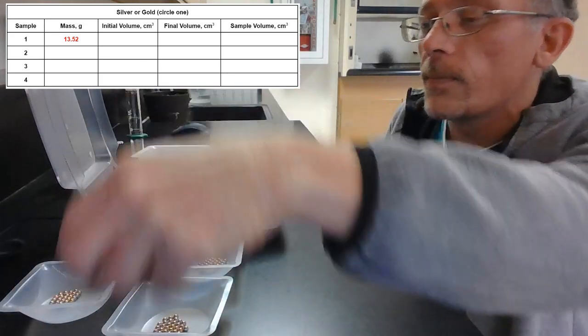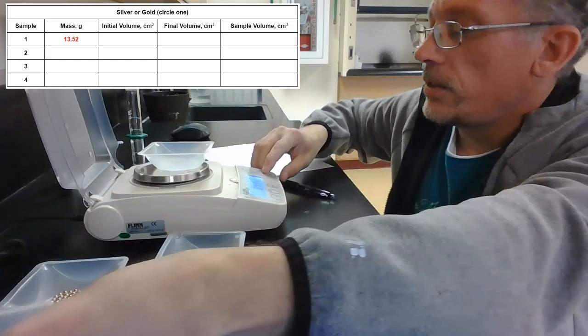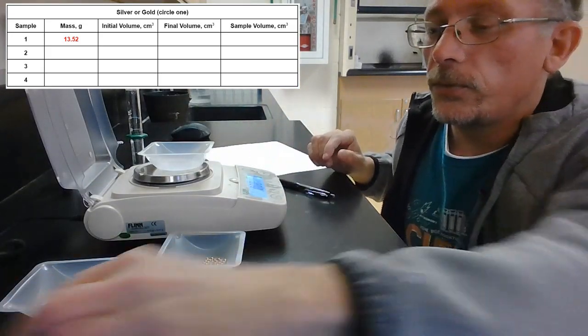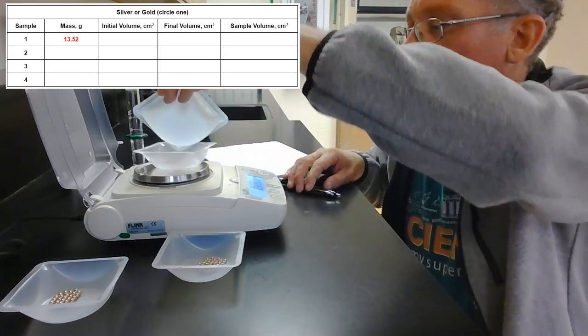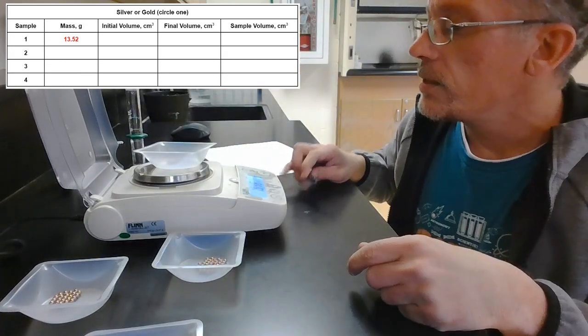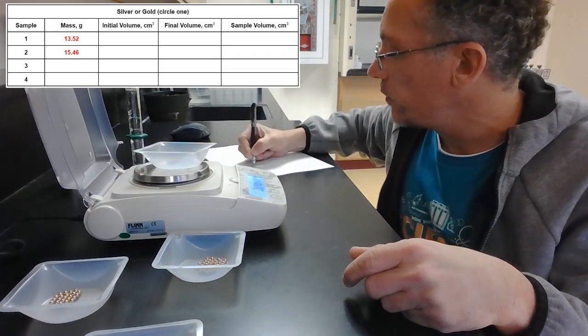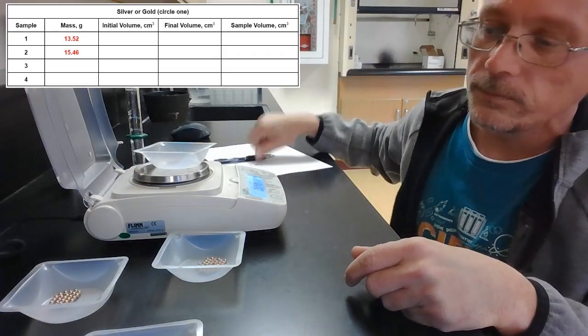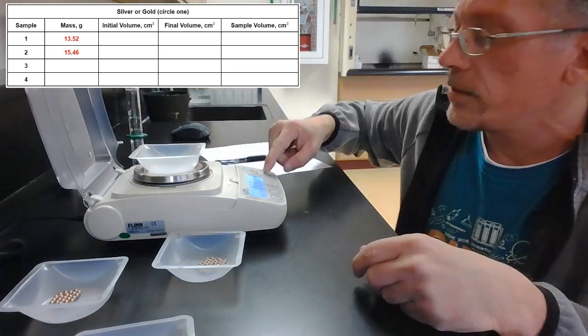Okay. Now put this on here. Zero the scale. We'll go with sample number 2 here. Sample number 2, 15.46 grams. Put this on here, zero the scale.